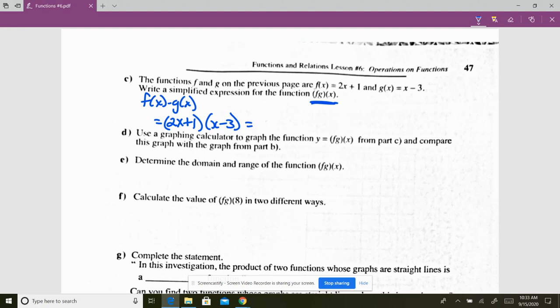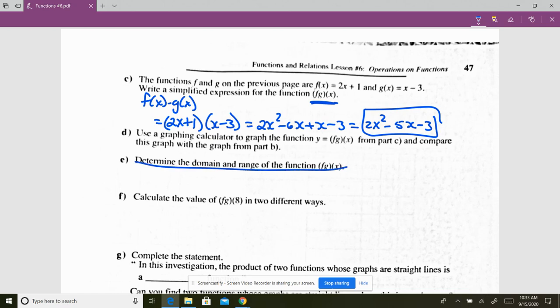So, if you FOIL that out, you're going to get 2x squared minus 6x minus 3. Like terms. Is that what people got? All right. Now we're not going to worry about domain and range.